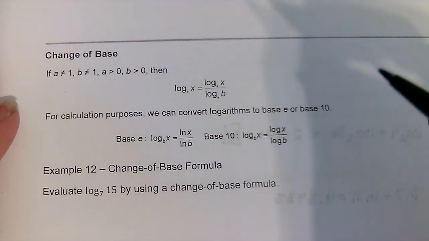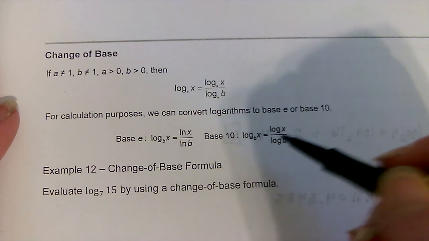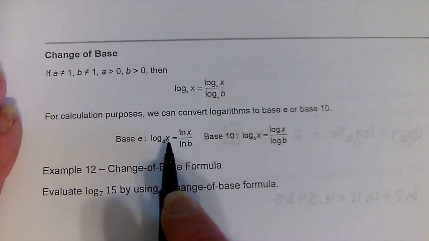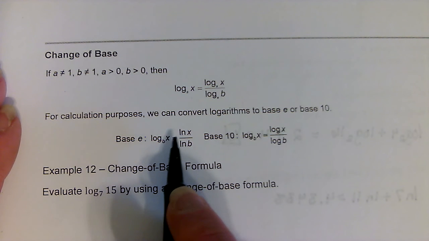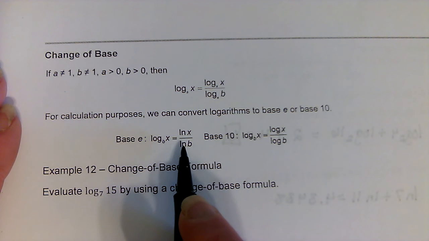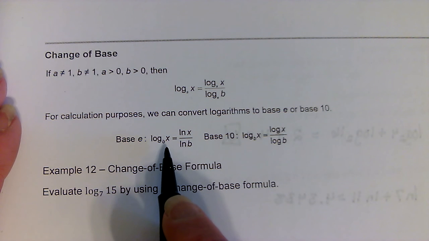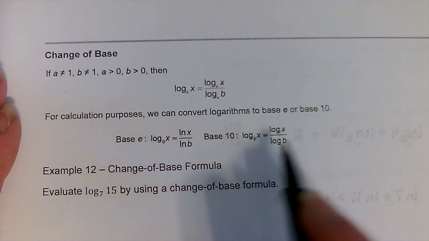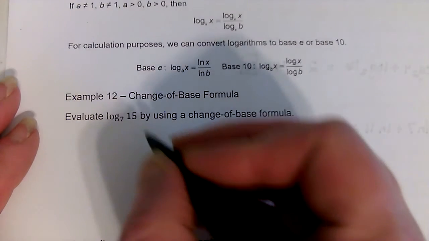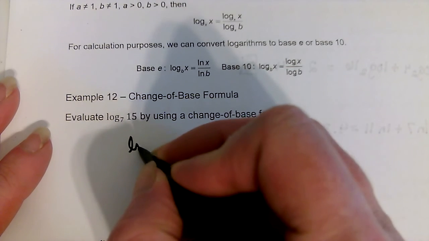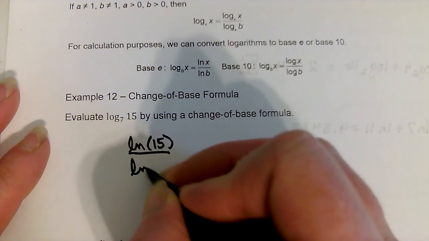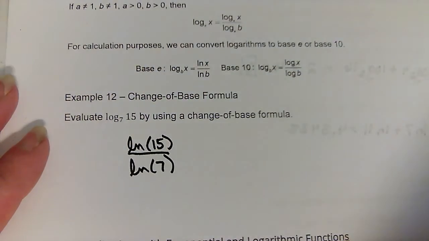Base e would be a natural log. Base 10 is just the log with no number. So what you do is take the natural log of your argument divided by the natural log of the base. Log of the argument, log of the base. So here, this would be the natural log of 15 divided by the natural log of 7.